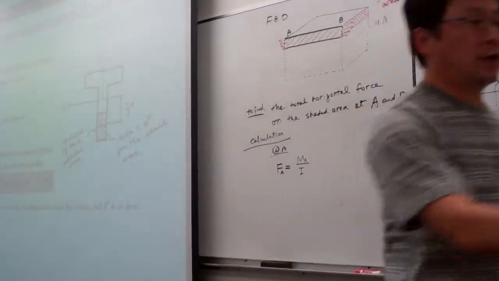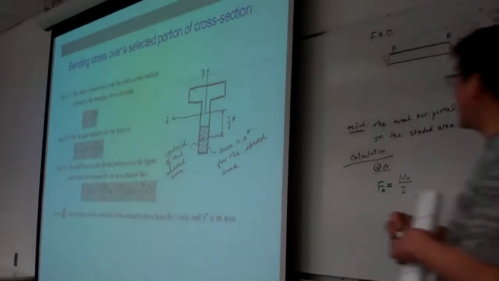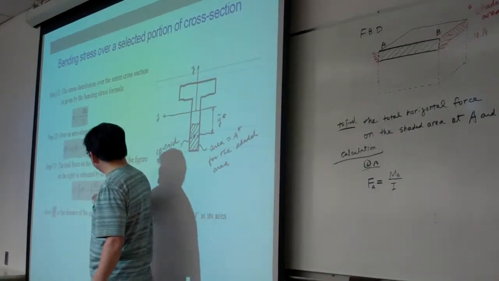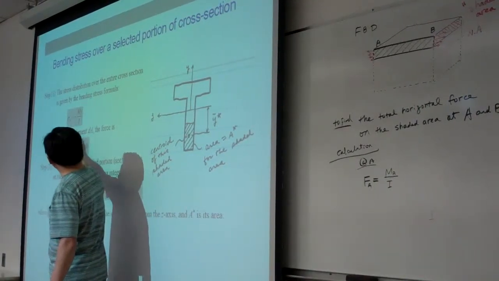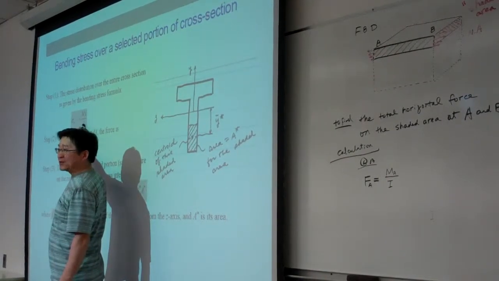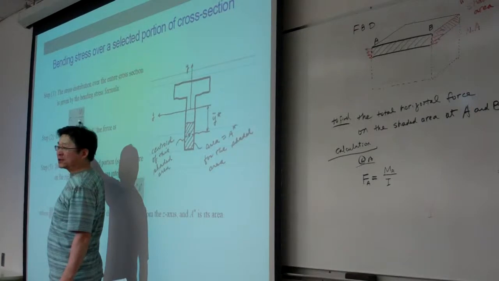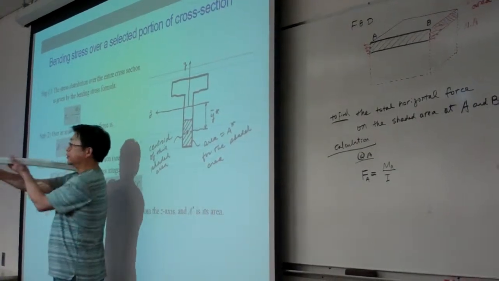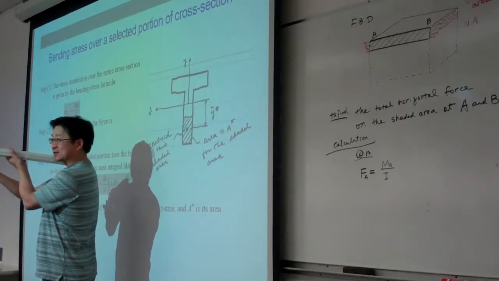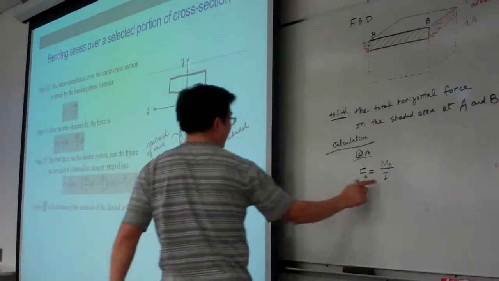In our formulations, what is this I? This I comes from here. I is equal to the moment of inertia of the total cross section about where? About the neutral axis. Okay, so keep that in mind.